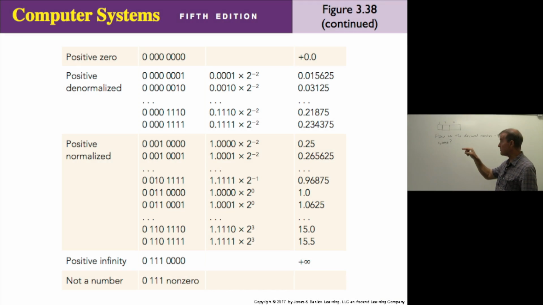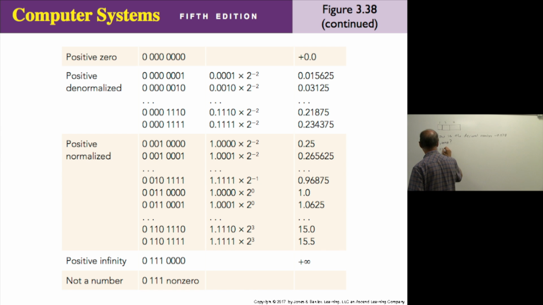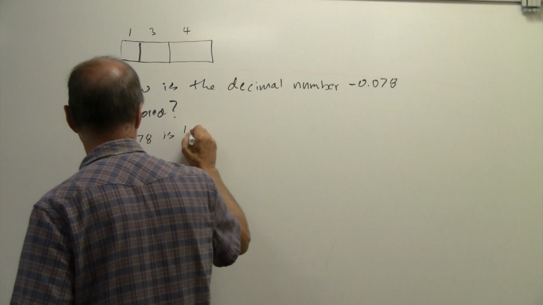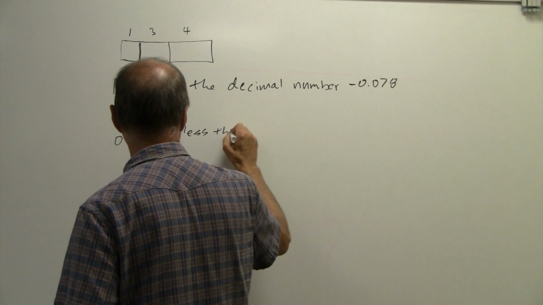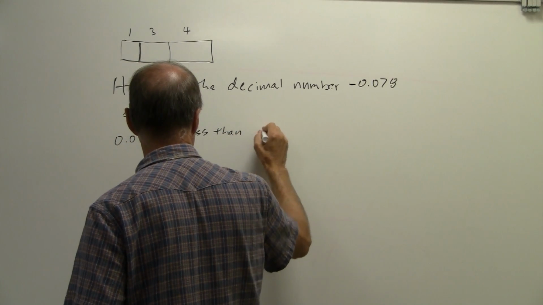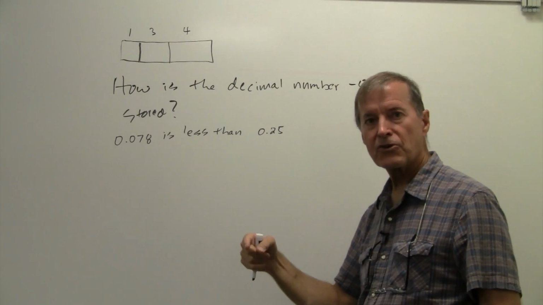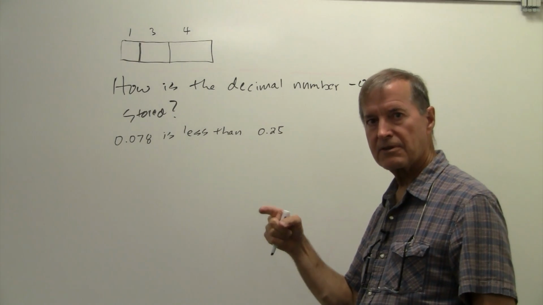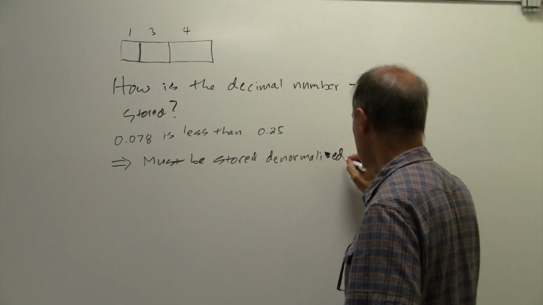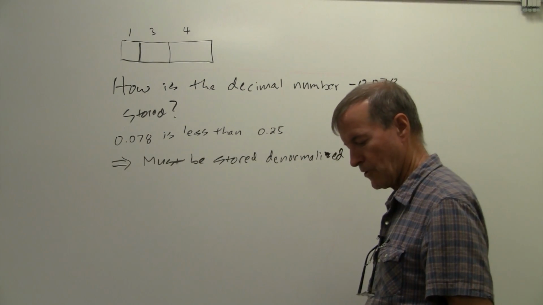We go over to this table and we notice that 0.078 is less than 0.25. That's our first observation. Therefore, it must be stored normalized or denormalized? Denormalized, right. So we have to know that.